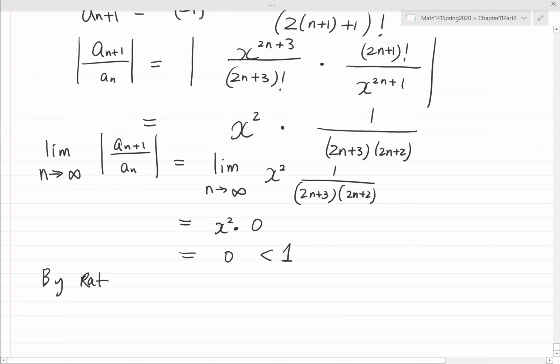For any fixed x, it converges, i.e. it converges for any x. By the ratio test, the series converges for all x. Now its radius of convergence is infinity.